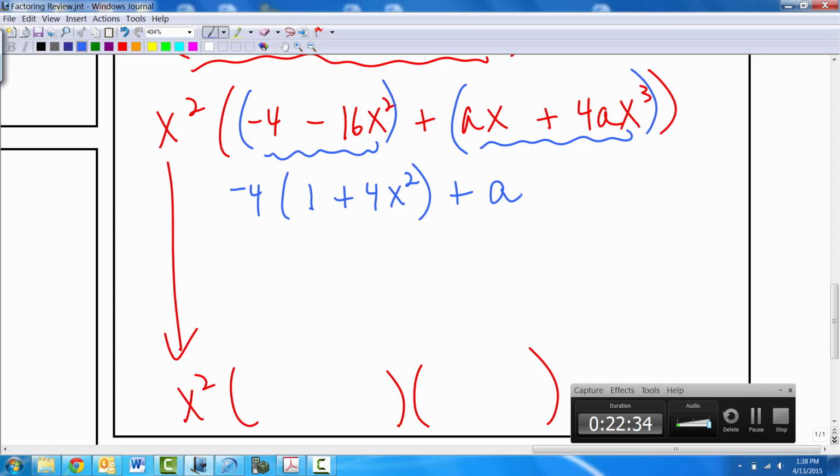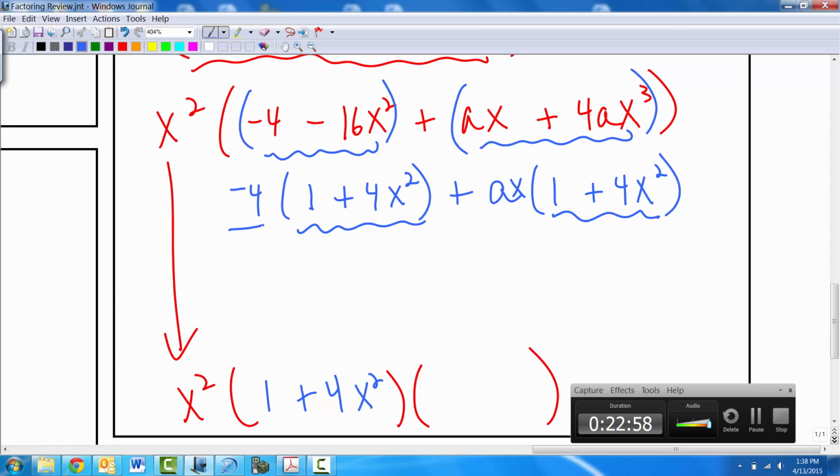Only an ax. Good, whoever caught that. Nicely done. What's ax divided by ax? 1. And then what's left over here? 4x squared. This is the same, so this is factored out as a binomial GCF, and this is what I'm left with.